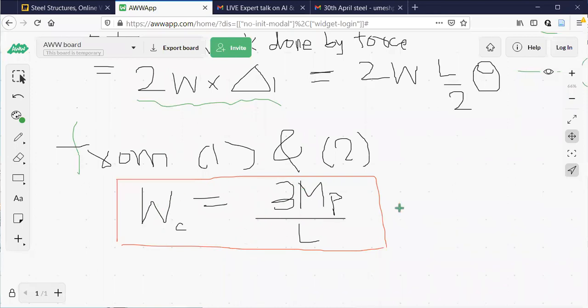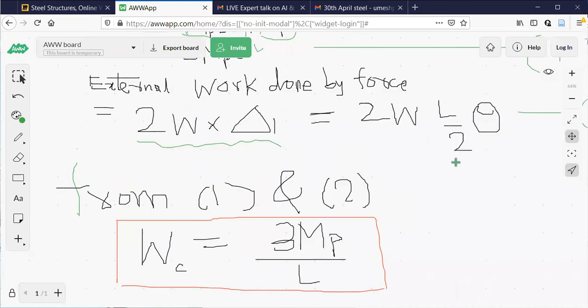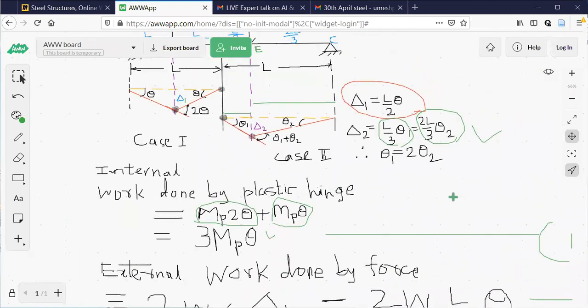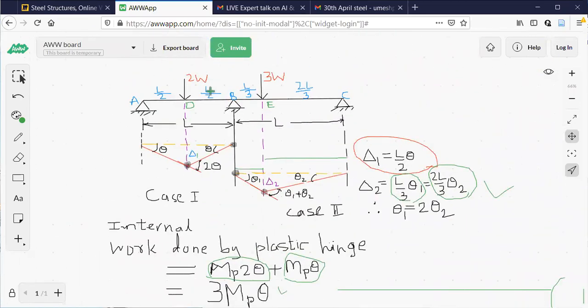If only one of the spans has collapsed, another span is intact, such a situation will not come actually, because when I say the loads are increasing, gradually both these should increase. I cannot keep this load constant and increase this.